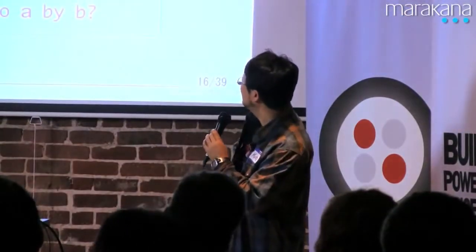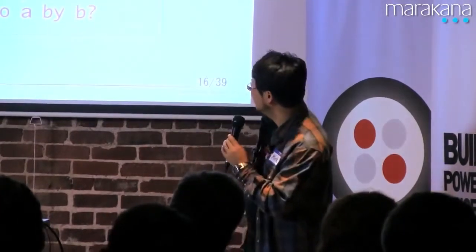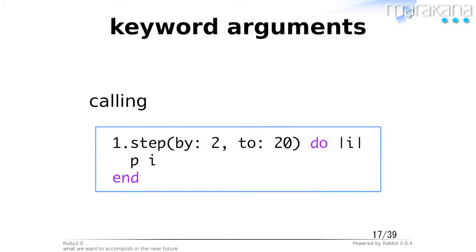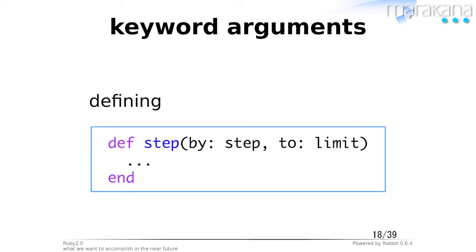So we would like to make it possible to write like this: 1.step by 2, to 20. So no confusion. And if you're defining the method, you can specify it like this, so you can resolve the ambiguity of the argument sequence.